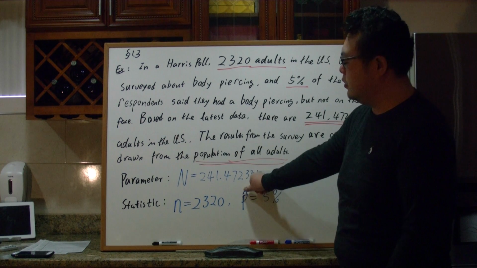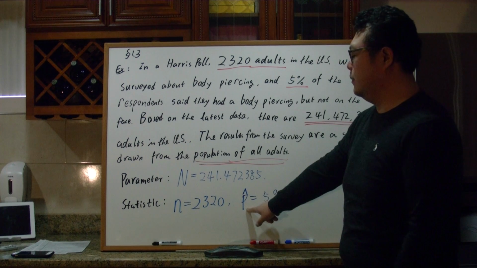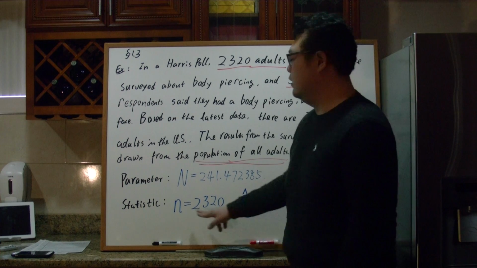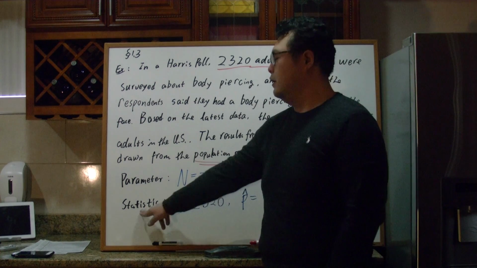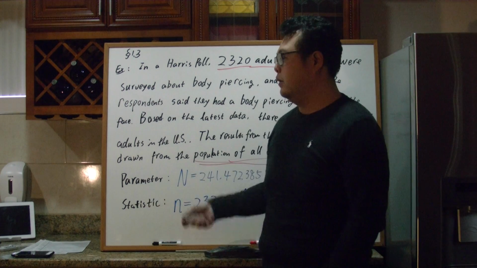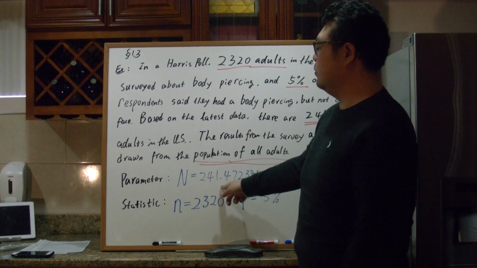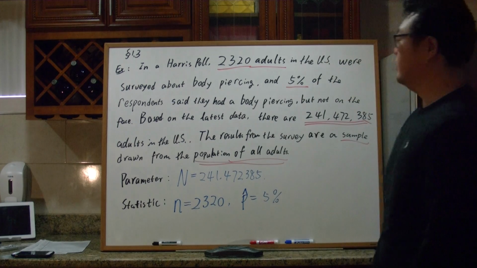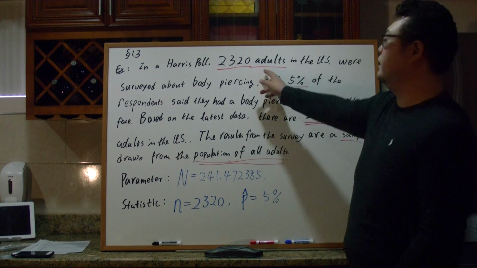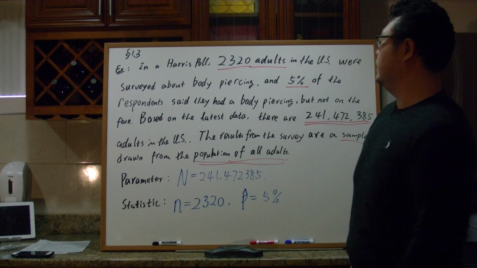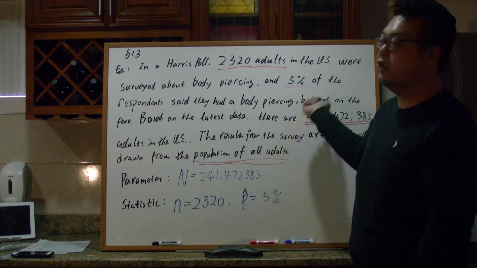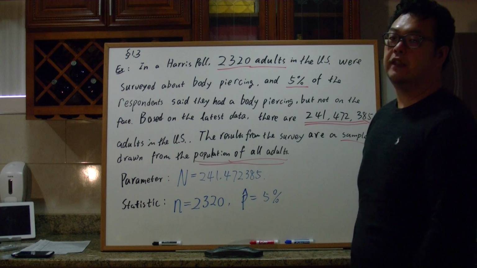A population proportion is the p without a hat; the p with a hat is the sample proportion. So the sample proportion, along with the sample size, are statistics in our question here, and the population size is the parameter. So the single underline is from the sample, and the double underline is from the population.